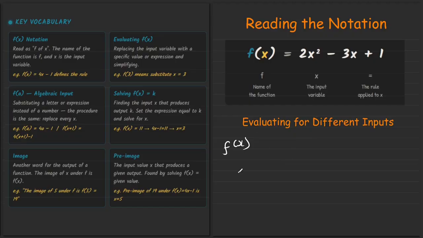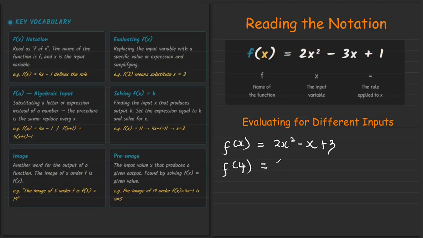So for instance, if f of x is equal to 2x squared minus x plus 3, and we are given an input such as 4, that is to say f of 4, we just replace any x we see with the value 4.